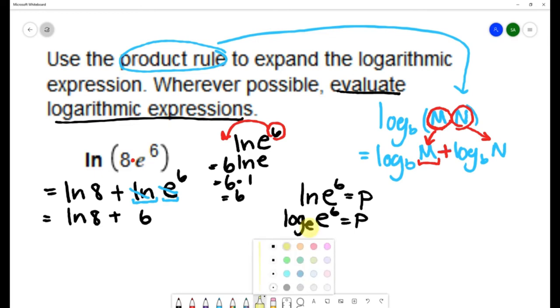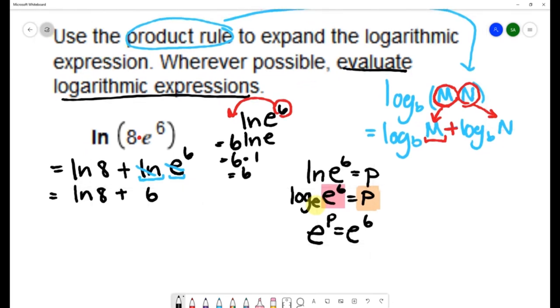The log always equals the exponent, so that's going to be p. And then this expression is going to equal what's inside of the log. That's e to the 6th. Then we have e to the p equals e to the 6th. And we know that those exponents must be equal to each other by the one-to-one property. So p equals 6. And that expression, natural log e to the 6th, must equal 6.